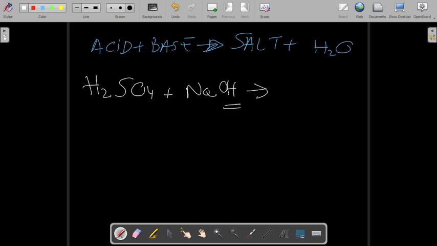Well, for this to create water, it needs to combine with one of these hydrogens right here. Let's do that. H2O is being created. You only use one of these, so this is like this. Okay? But you also have a sodium that is floating around. Those two are attracted to one another, so they will get together to create that salt.